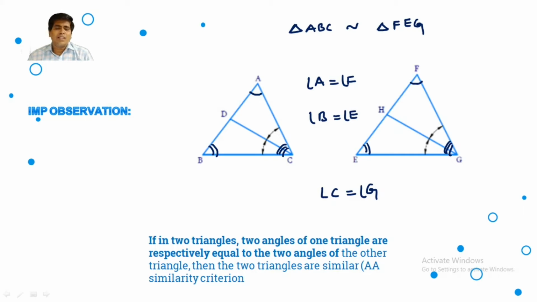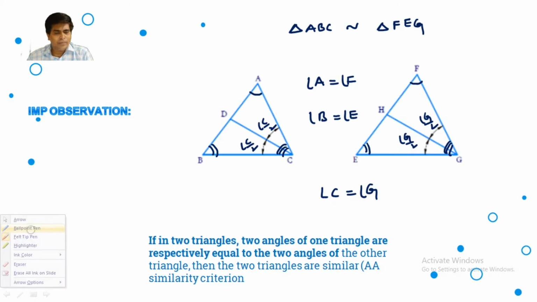Now, when CD is a bisector, CD divides angle C into exactly two halves. This is angle C by 2 and this is angle C by 2. Here in this triangle, GH is also an angle bisector. So when it is an angle bisector, it divides angle G into exactly two halves. So angle G by 2, here angle G by 2. Now, can you tell me, are these two angles equal? Is angle C by 2 equal to angle G by 2?